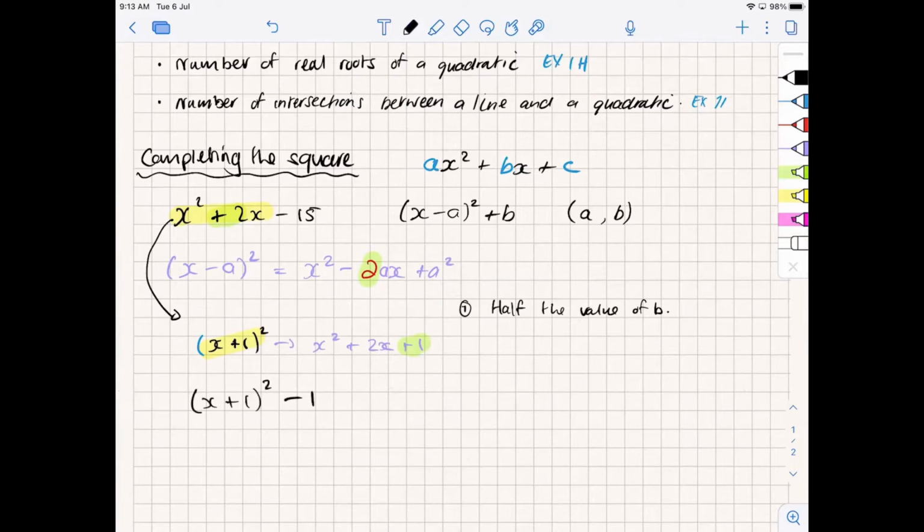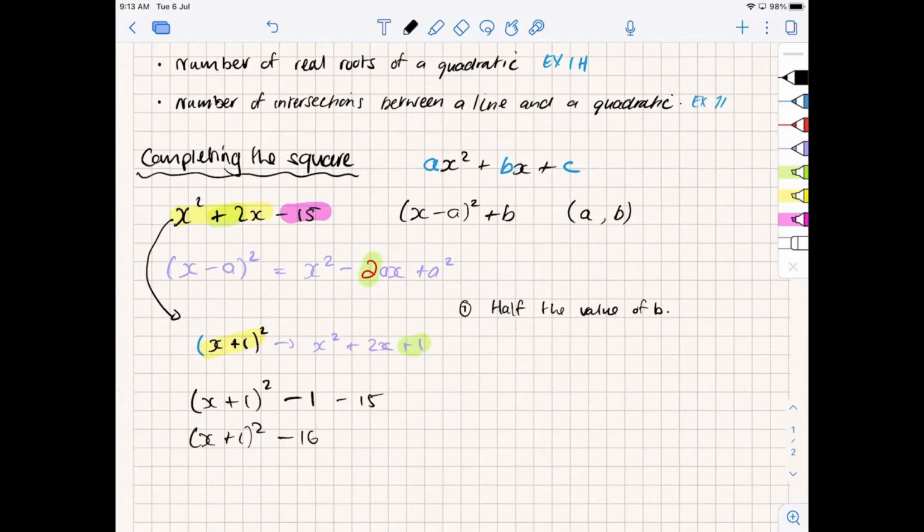And then we're not going to forget about this minus 15 that I still had lying around. This will give me x plus 1 squared minus 16.